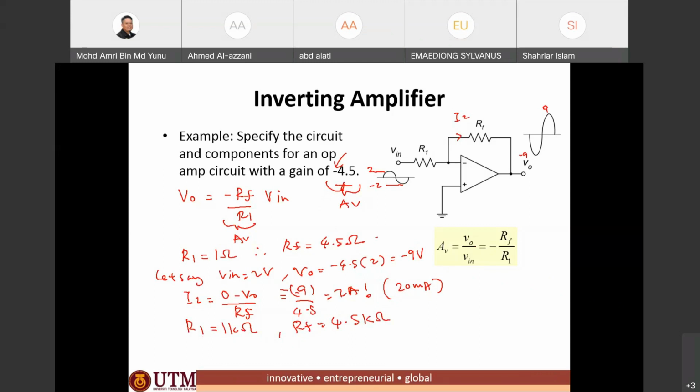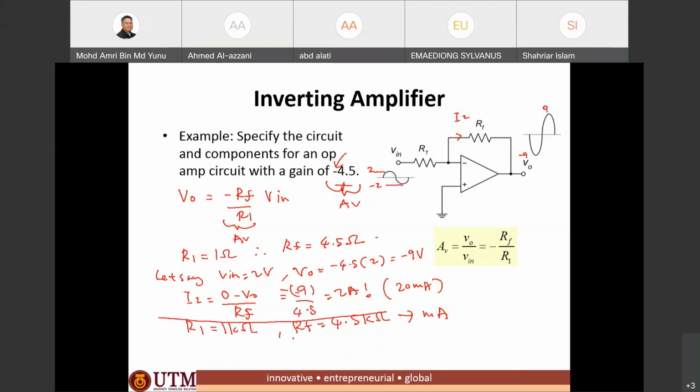If you use 4.5 ohm, the current I2 will be in the range of amperes, so it is better to use a combination of resistances in kilo ohm.